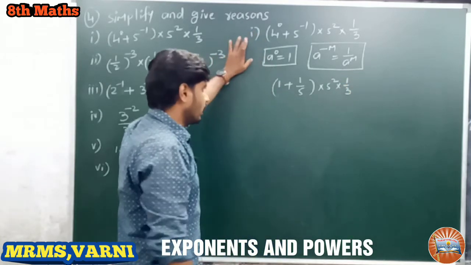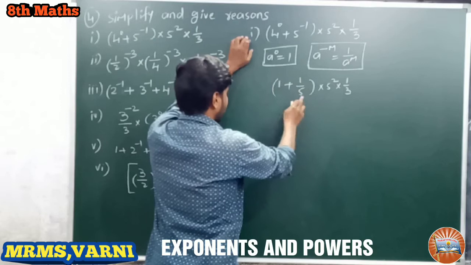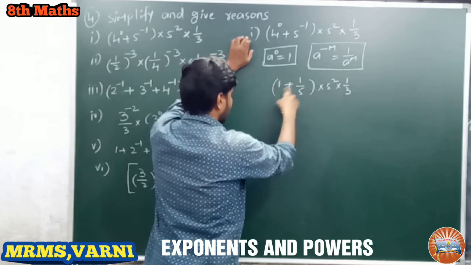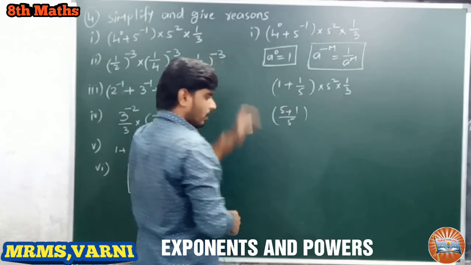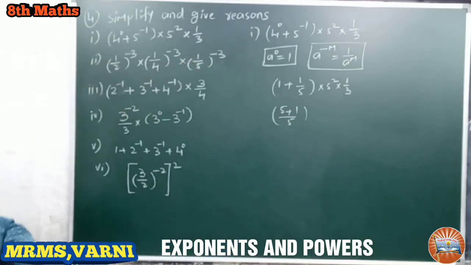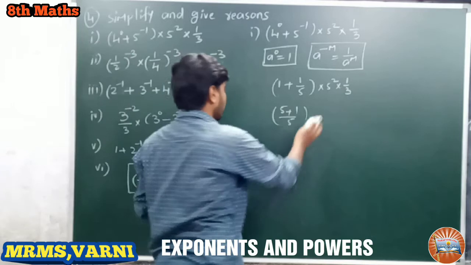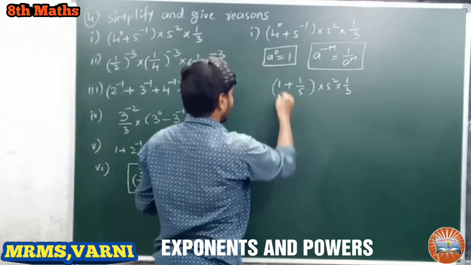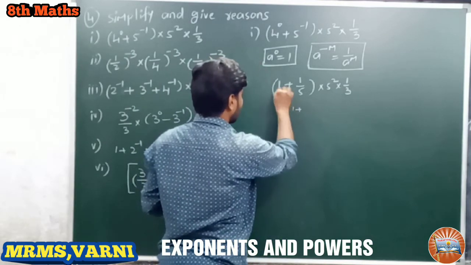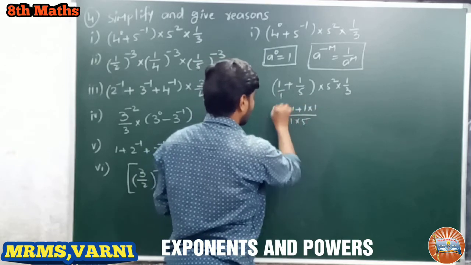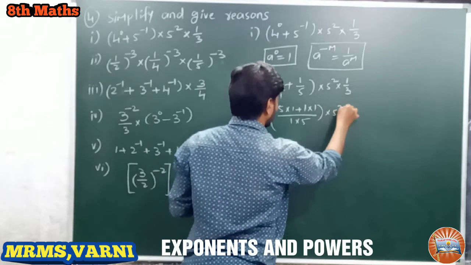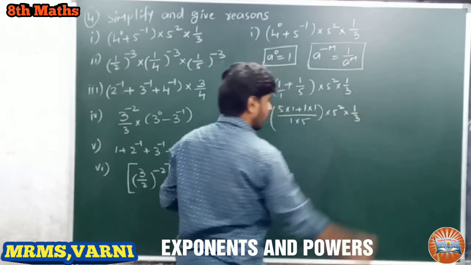Isn't it? Right, next take the cross multiplication. 5 into 1, 5 plus 1 into 1, 1 by 5 as it is, or we can write one more step here. So I am going to write one more step here. 5 into 1 plus 1 into 1 by 1 into 5 equals to 5 square into 1 by 3.